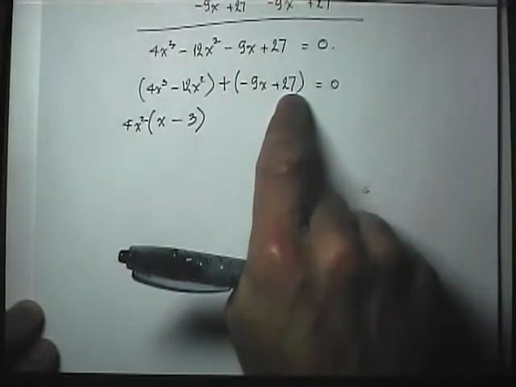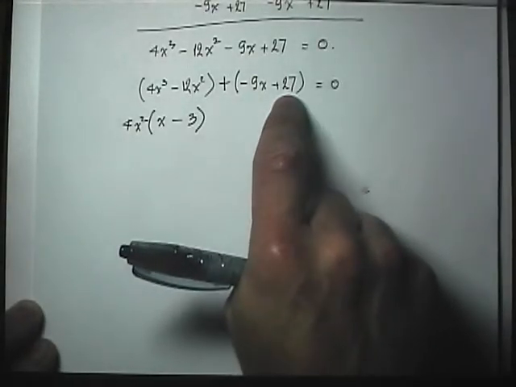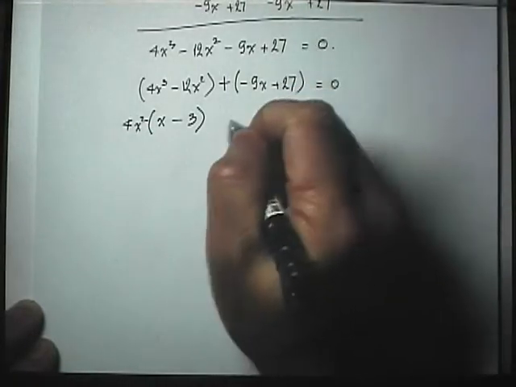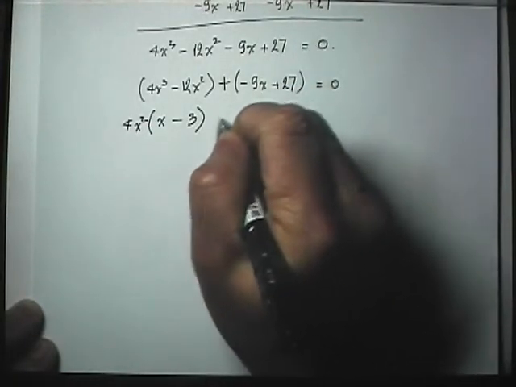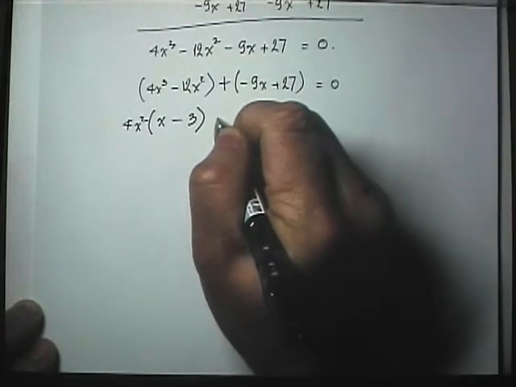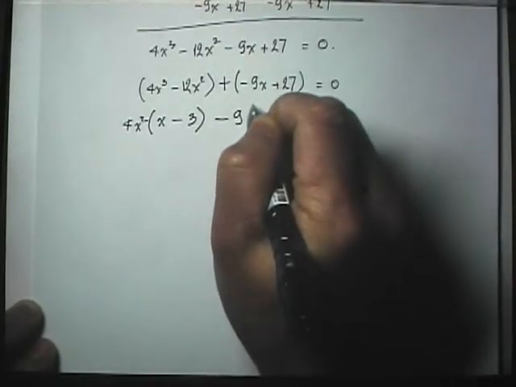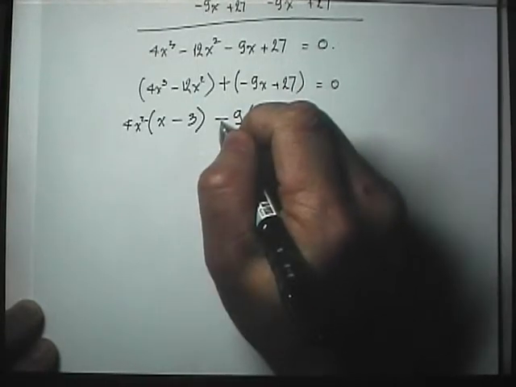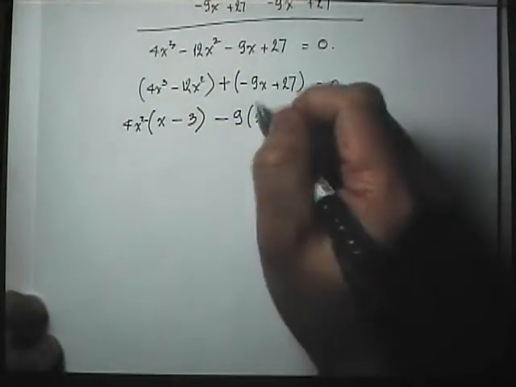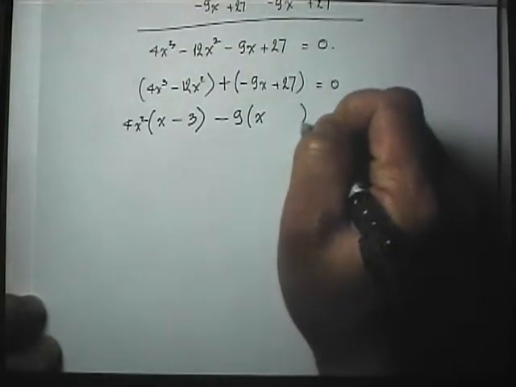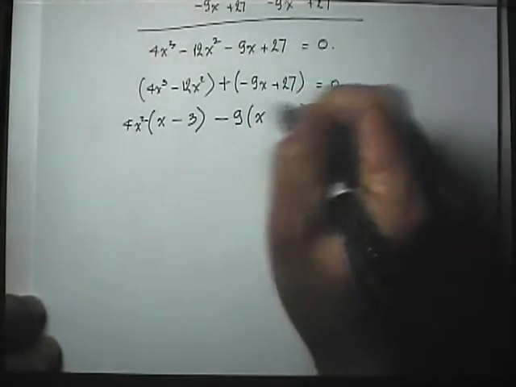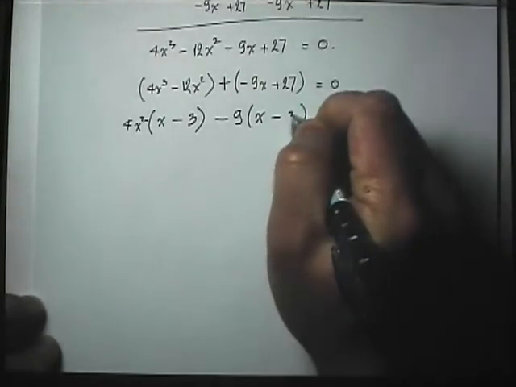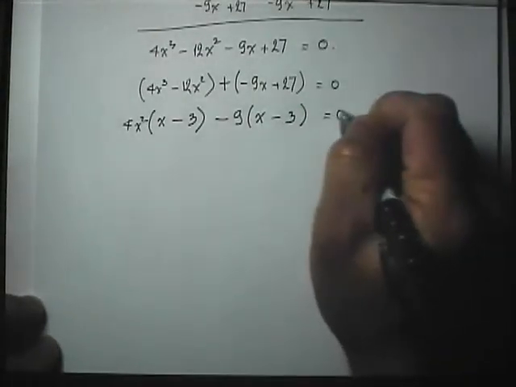Among my 2 terms in the second group, my GCF is going to be a minus 9. So I'm factoring out minus 9. Since I factor out the GCF with a negative sign, every sign in the remaining parentheses switches. So, x minus 3 equals 0.